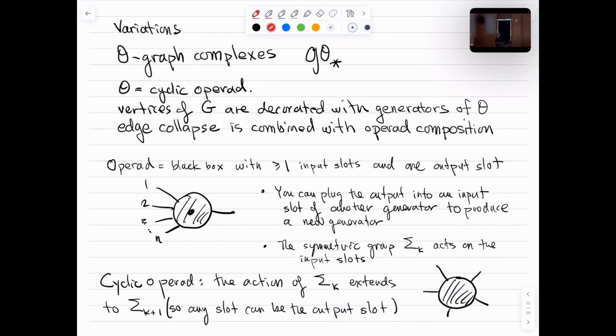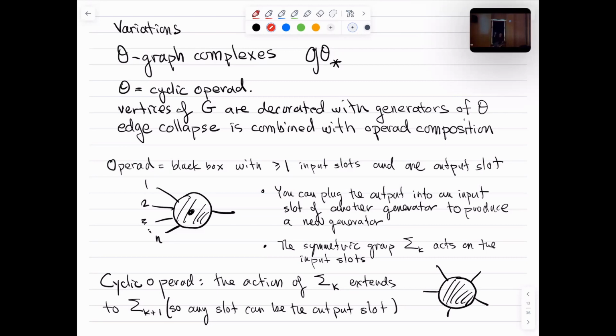I'll say a little bit more about that in a minute. In this conference most people are familiar with operads, but just in case you aren't, I'm going to give you a very hand-wavy idea of what an operad is. Here's my definition. It's a black box, and it's got some input slots and an output slot. You can plug the output slot of a generator of the operad into an input slot of another generator to produce a new generator.